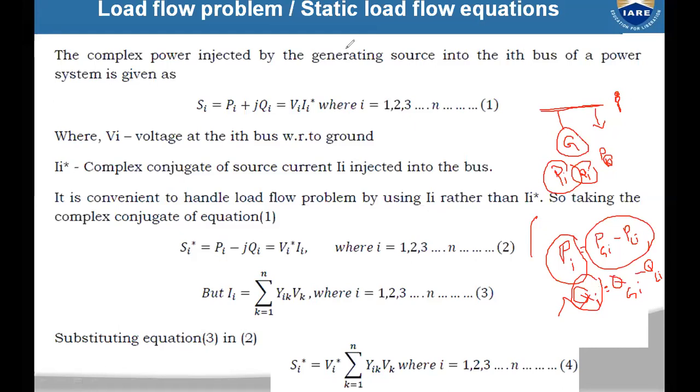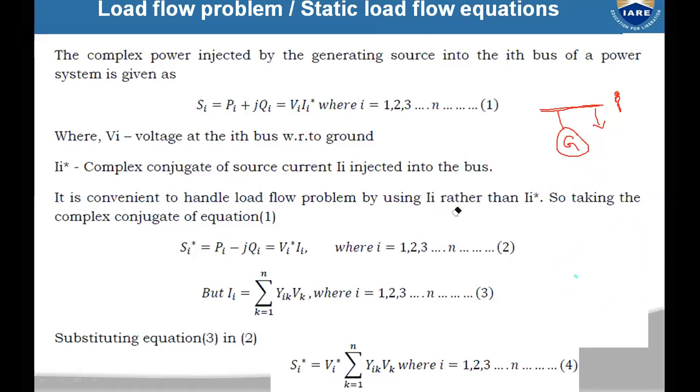Now at this bus i, I am writing the complex power equation. The complex power injected by the generator at the ith bus is Si, which is equal to Pi plus jQi, the sum of active power and reactive power. This is called the apparent power, which is a complex power.